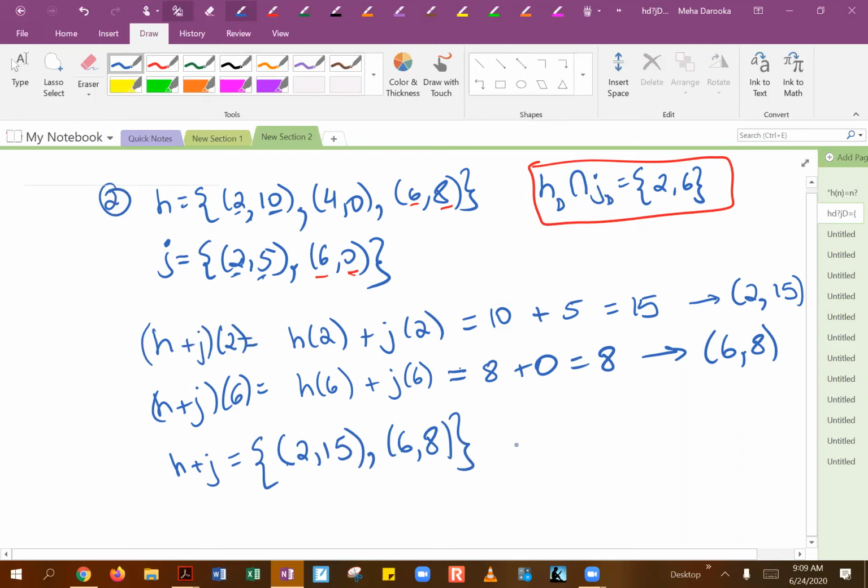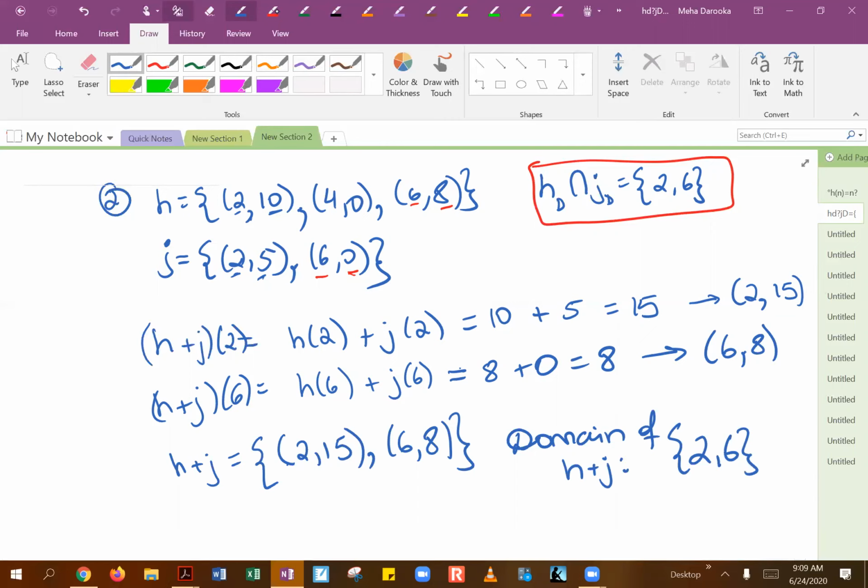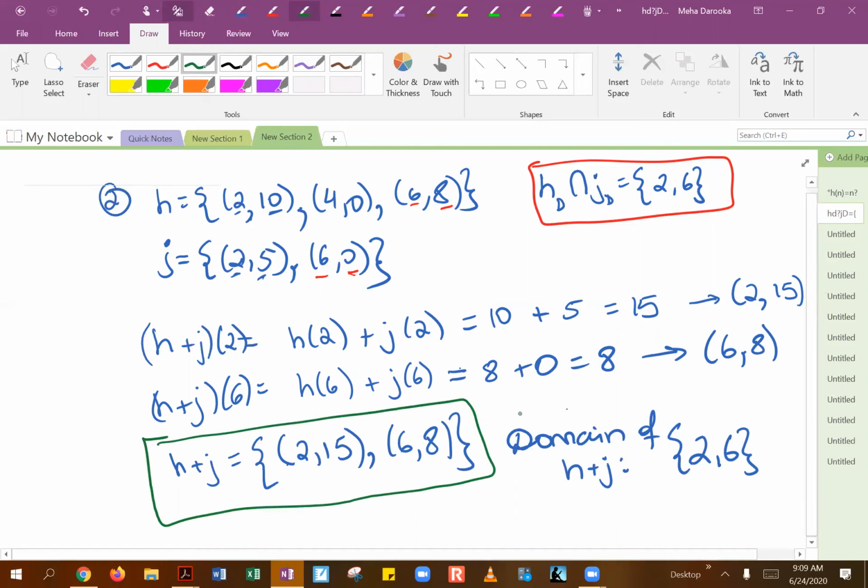And as you can see, the domain for the h plus j is the same as our intersection of 2 and 6. So this is our function itself, and then this is our domain.